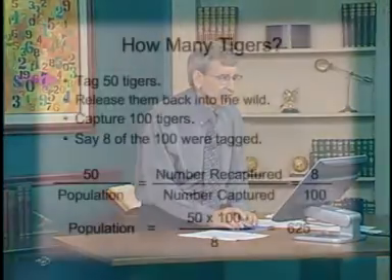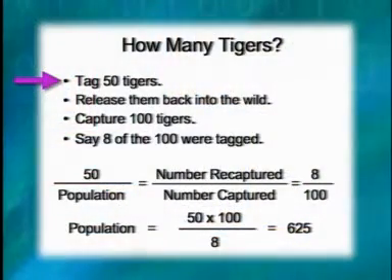So here it is. We've tagged 50 tigers, so you imagine 50 tigers going around the jungle randomly. You randomly capture 100 of them. Suppose, for example, that 8 of the 100 that you recaptured were tagged. Then you would have this little formula here that 50, the number of tagged tigers, is to the whole population as the number recaptured who were tagged are to the number that you actually captured.